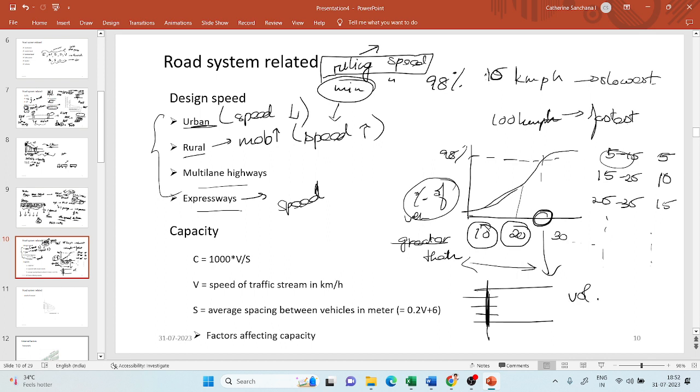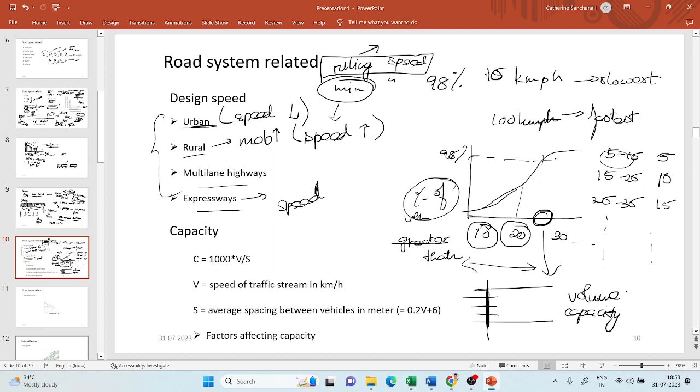So I stand here and I count the number of vehicles passing for a given hour. Say from 8 o'clock to 9 o'clock, I'll count the number of vehicles passing this section. That is the volume. Now, what is capacity? Capacity is the maximum volume that can traverse this section.